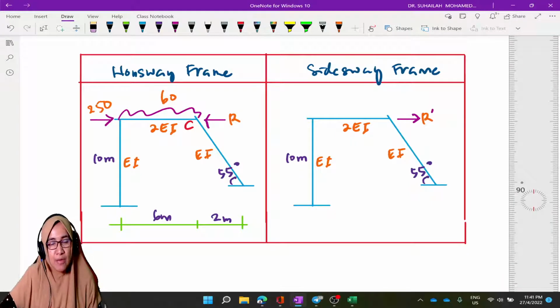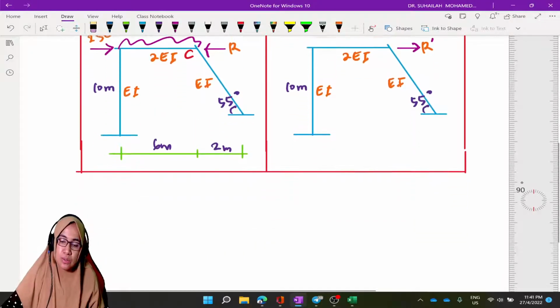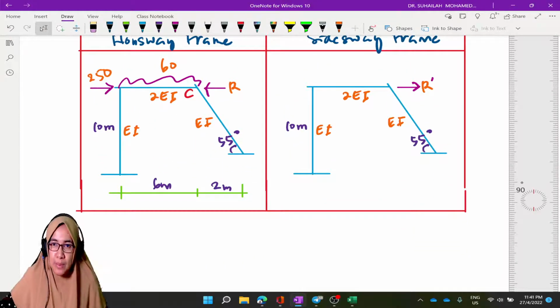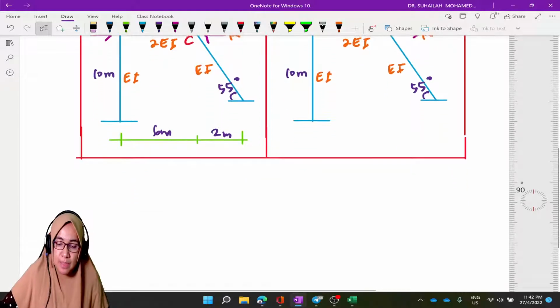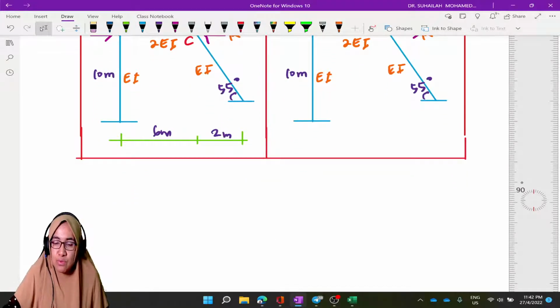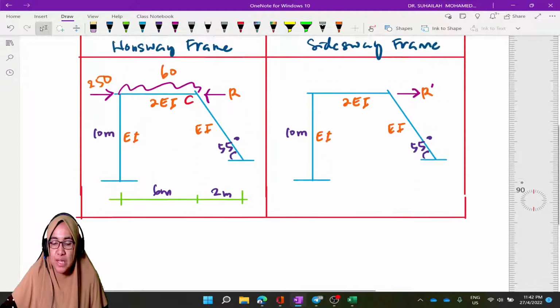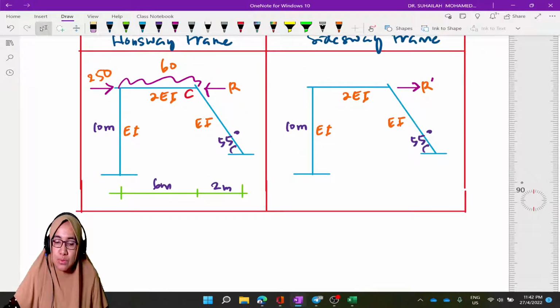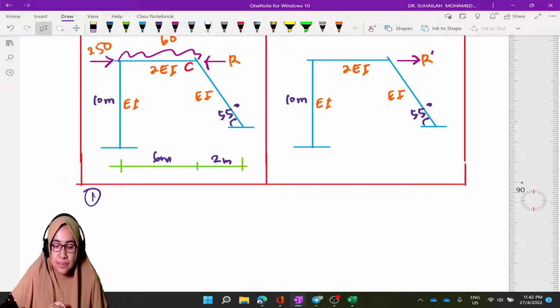Of course, this diagram we get from principle of superposition. So the diagram that we analyze under Sidesway frame is not the real one. That is why we apply R prime. So we will have two tables. For each diagram, number 1 is FEM.